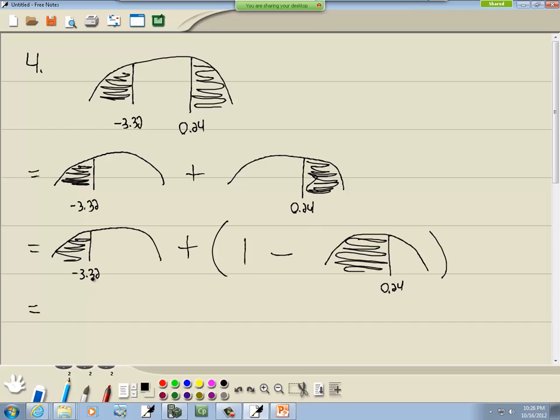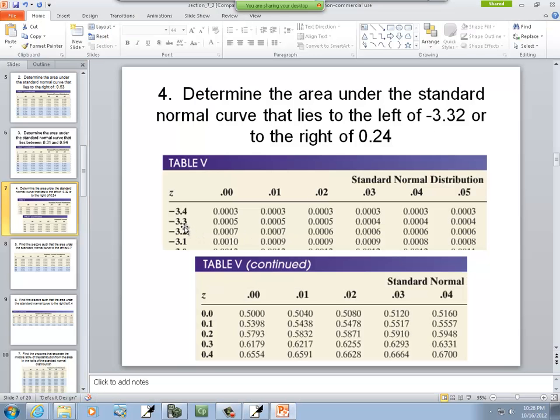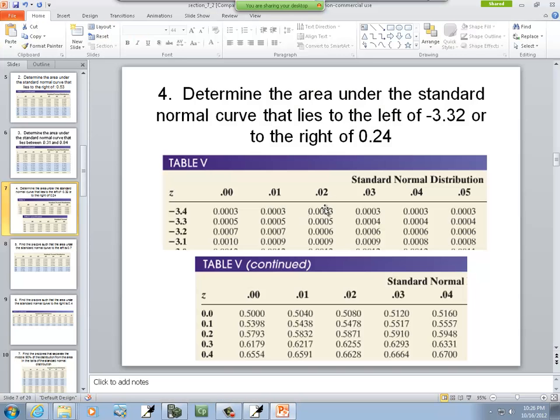So let's look this up. And again, negative 3.32 is negative 3.3 and the 0.02. Now I know it's not exactly added here because those two added don't give you this. But I'm just showing what we're going to look up. So over here, I'm going to look up the negative 3.3 and the column of 0.02.